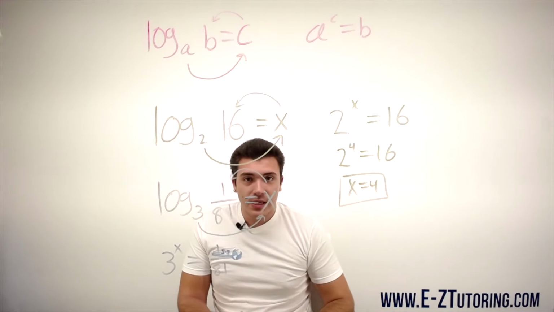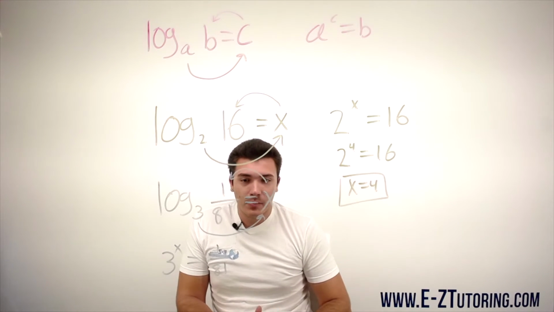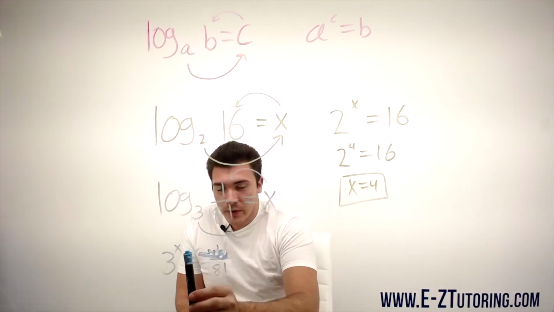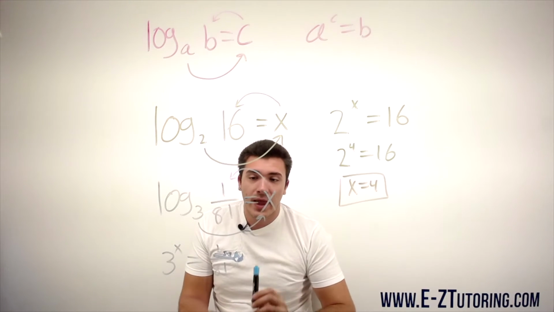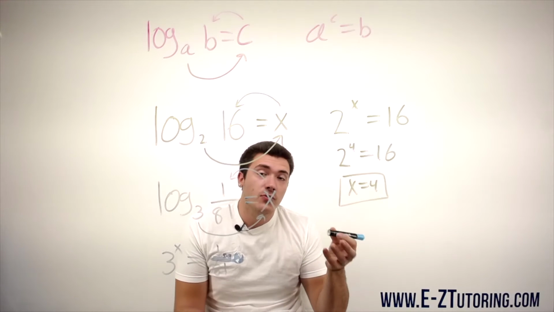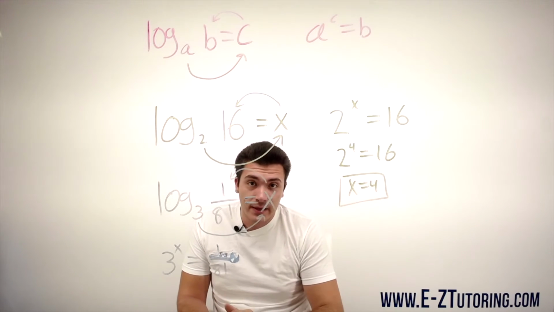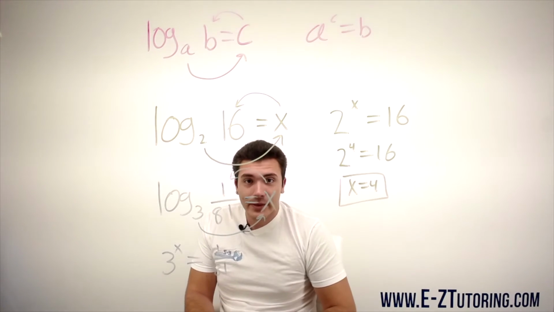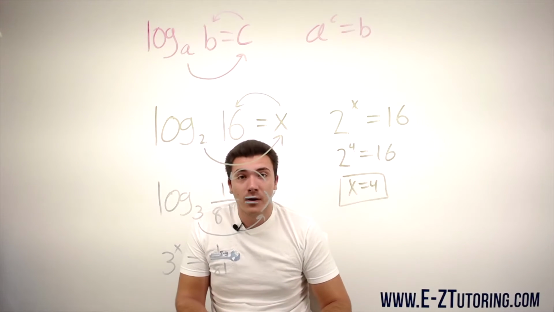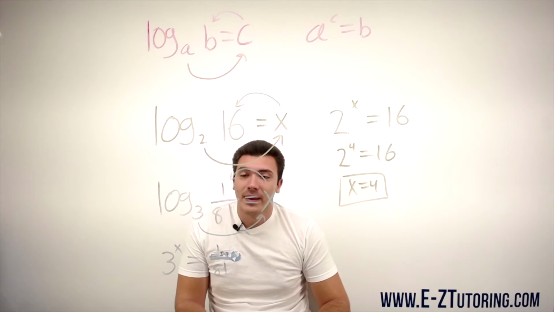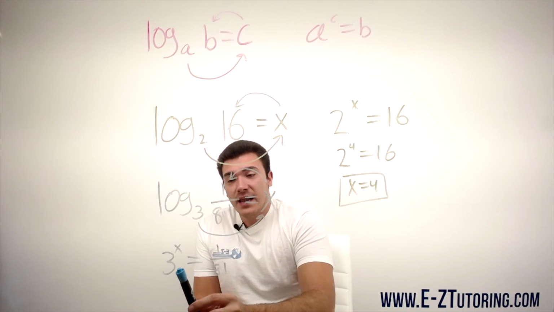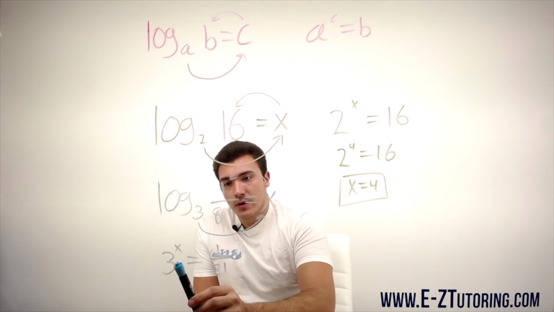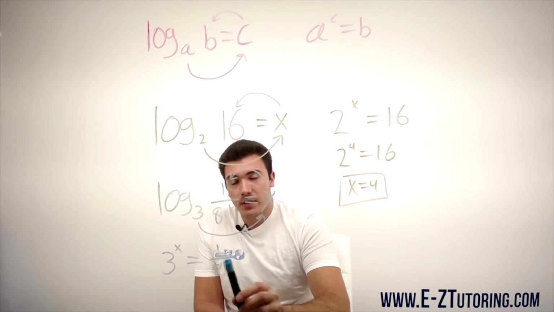So this is where things get a little bit more complicated, because you can see we are going from a 3 to a fraction. Now, I'm also going to assume you guys are familiar with negative exponents. If you guys aren't familiar with that, be sure to check out my video on all the different exponential rules. But anyways, we need a negative exponent for 3 to become a fraction.